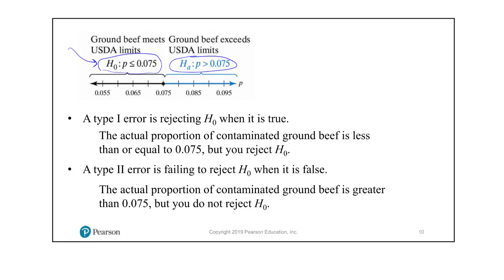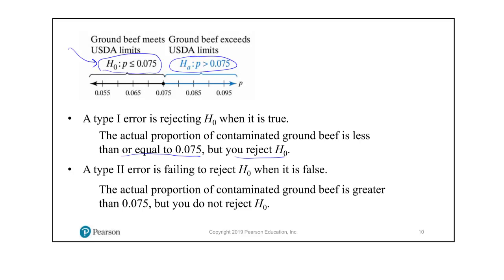What would happen is your data would be telling you to reject that, except the proportion is actually less than or equal to 0.075. So it's less than or equal to 0.075, but we rejected it because of what our data said. We made a mistake. We made an error. That's a type 1 error in that case.